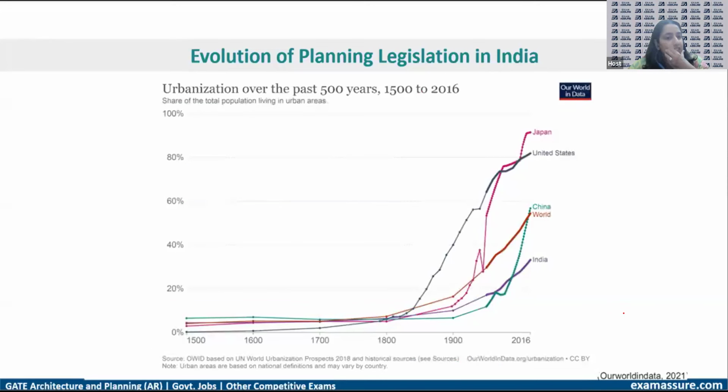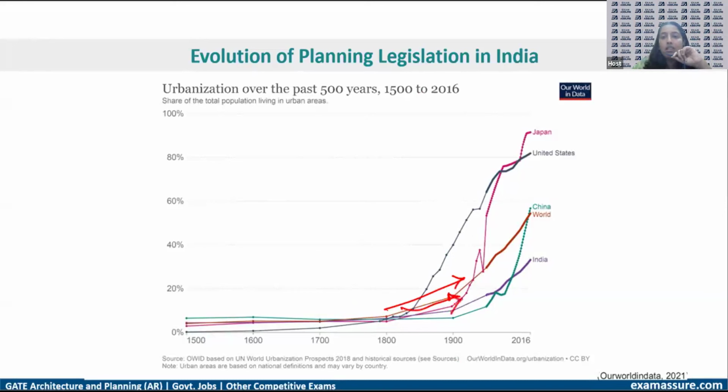Now, just a brief history: how did these planning legislations begin, or where do they come from? If you see around this period of the 1900s, the 18th, 19th century, there is a spike in the urban population. There is an increase in migration from rural to urban areas, and hence that spike that we see in the Indian context.